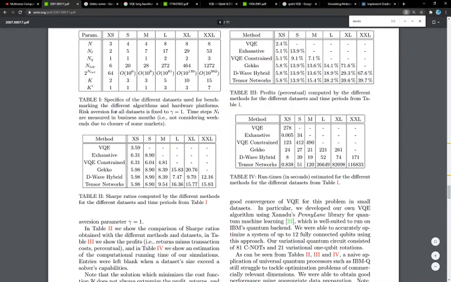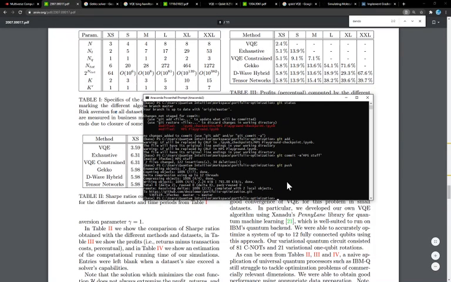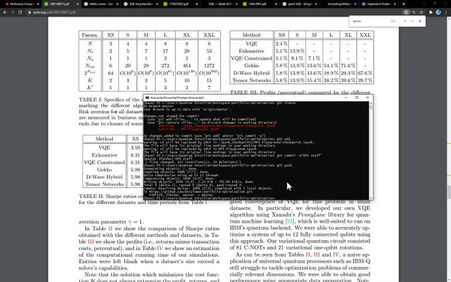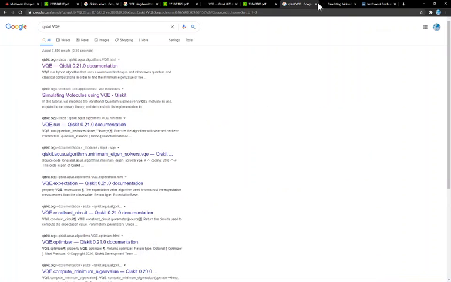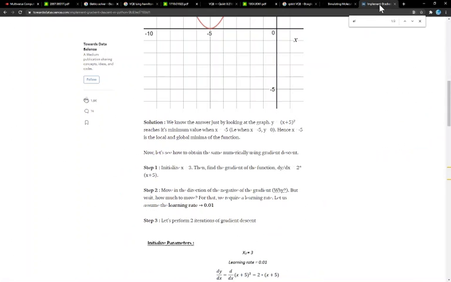Cool. So what I want to actually have basically is a Jupyter notebook. So how do you implement gradient descent? That's the question.